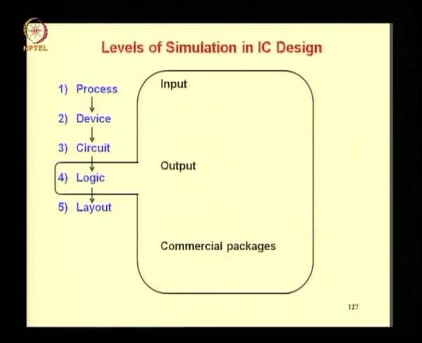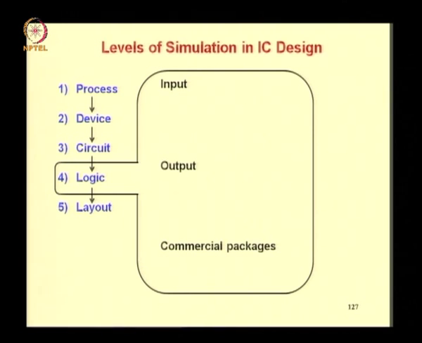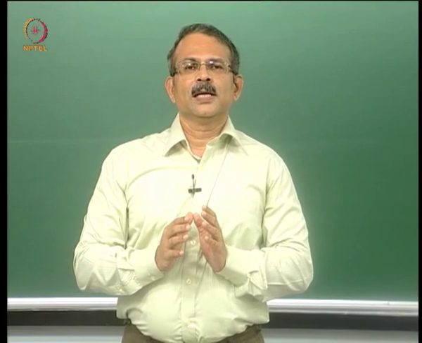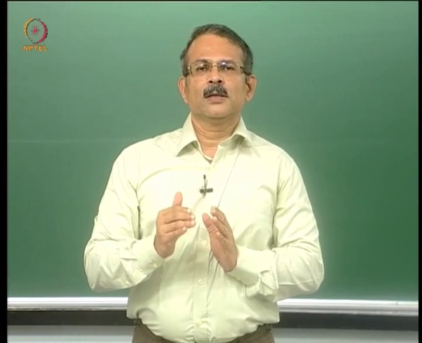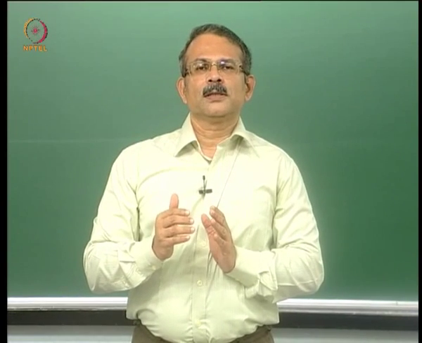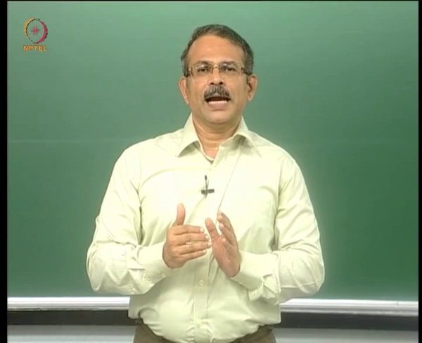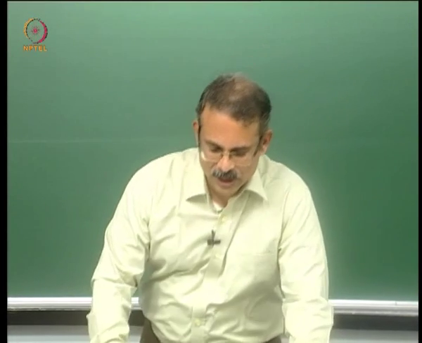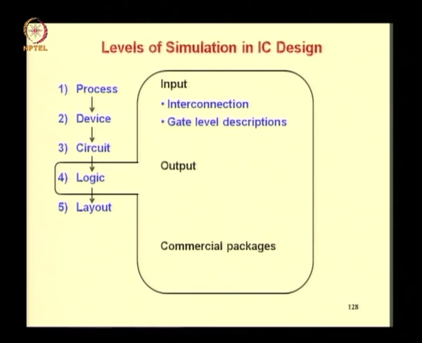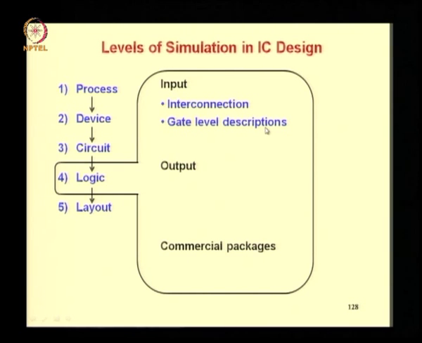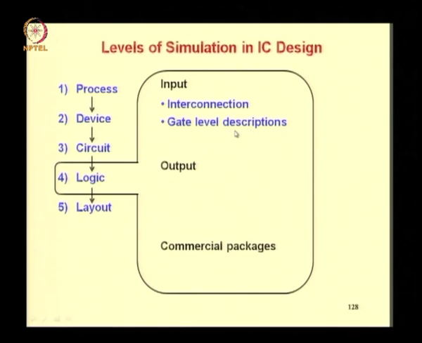Logic simulation. Although this is not a subject of our course, for the sake of completeness we will point out the input and output of logic and layout simulations also. In logic simulation, the input is the interconnection of various parts of the circuit and gate level descriptions of devices or parts of the circuit.